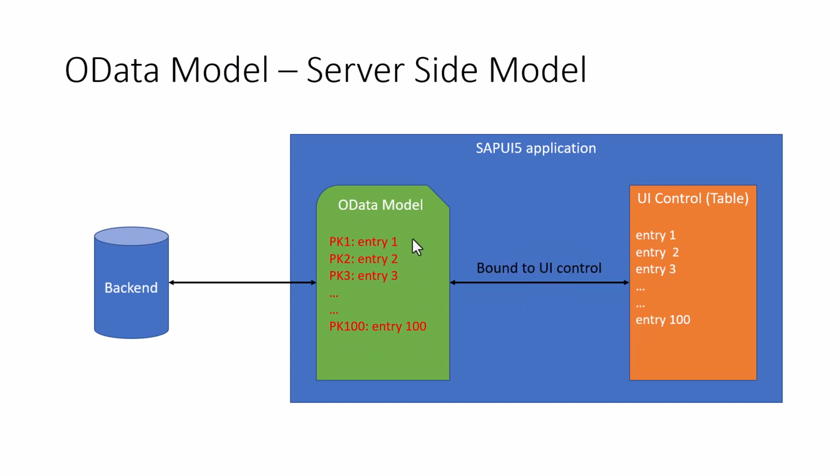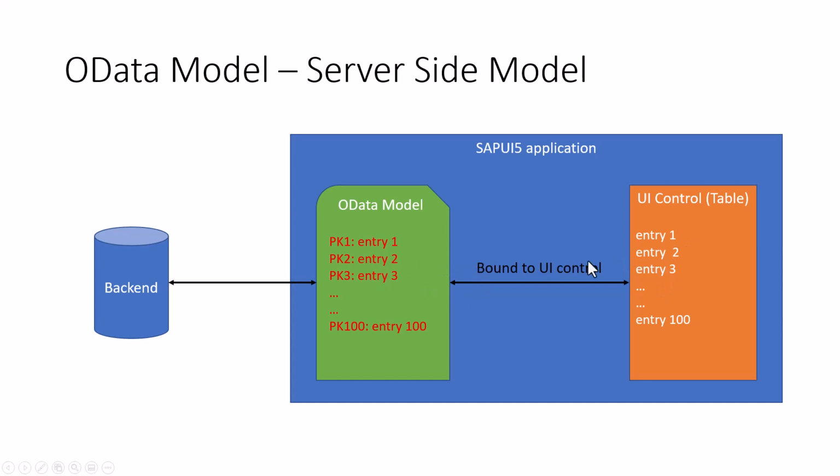Now, this OData model is then bound to this table control, this UI control. In this case, this is going to be a table, and all these 100 entries now display on the table based on the settings on the table. So we have the table that is bound to this OData model.